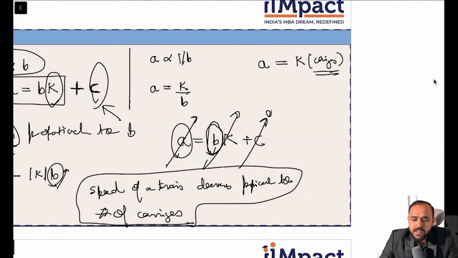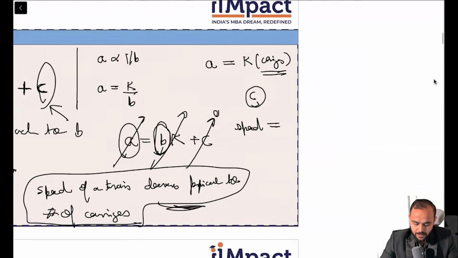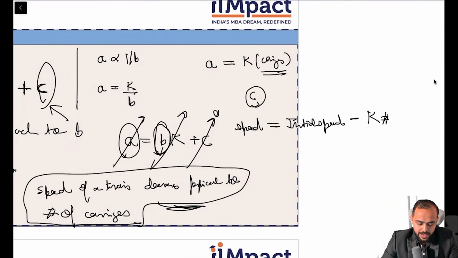So generally when you have a decreasing proportionally situation, you will put a constant c, and your actual expression for this statement should have been speed is equal to some initial speed, which is your zero case situation, minus k times the number of carriages. This is the expression you will write.